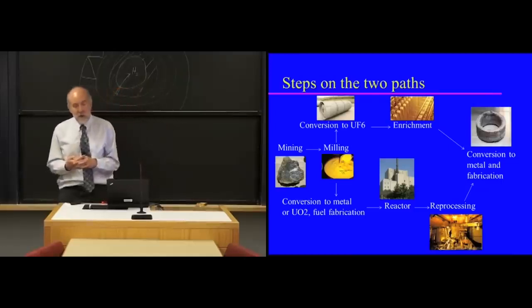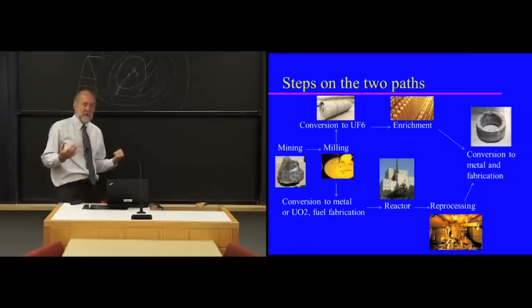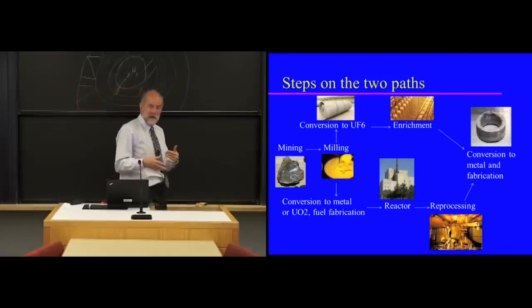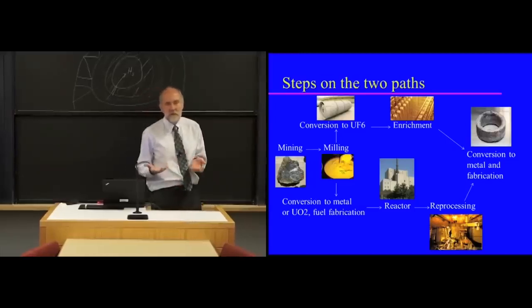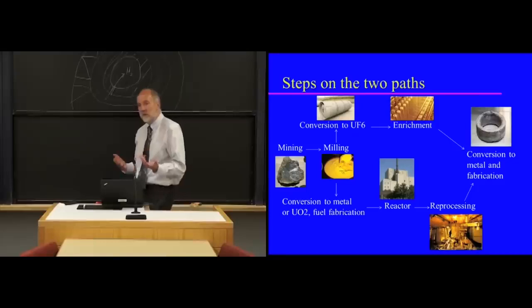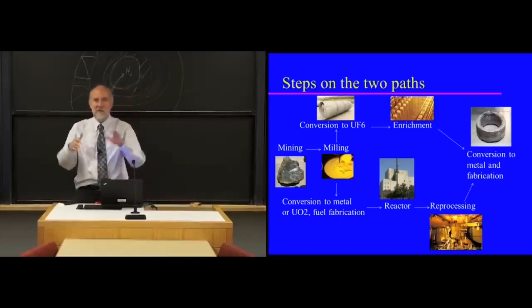So then if you're going the enrichment route, you need to figure out a way to take that uranium, which is a solid when it's in the yellow cake form, and make it into a gas, because almost all of the enrichment techniques that people have thought of involve a gas going through a process.